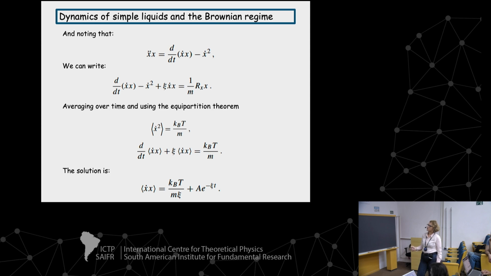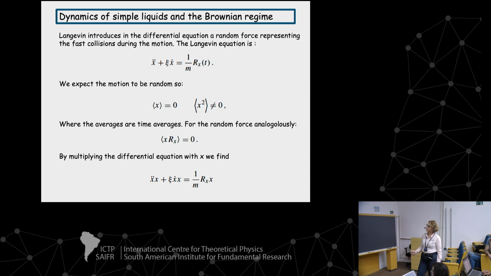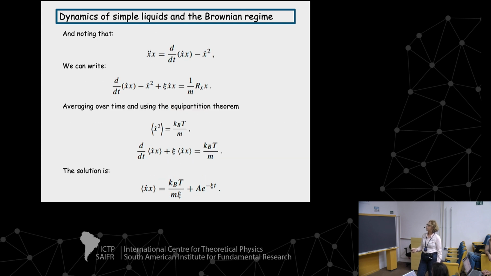This is a very easy thing that you can deduce from this derivative. Then we can make the substitution in the previous equation, and we can write that the derivative of this is equal to this. This is equivalent to the equation that we just left.